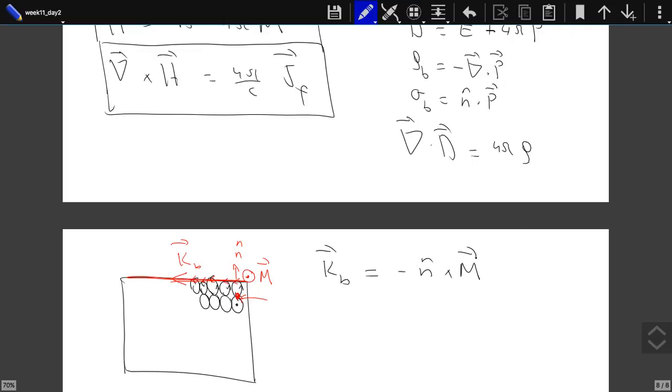So we have a sign problem somewhere. We don't have much time to go over it to find the sign mistake. So basically this is why we have a surface current density corresponding to a given magnetization.